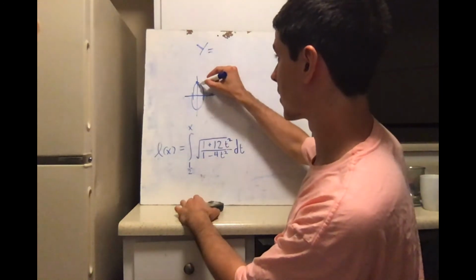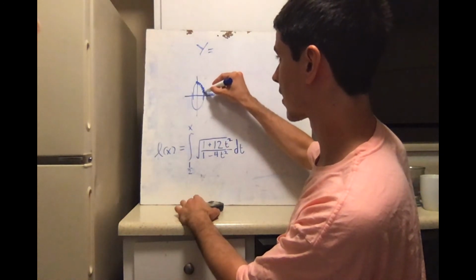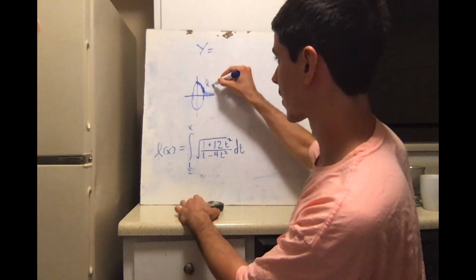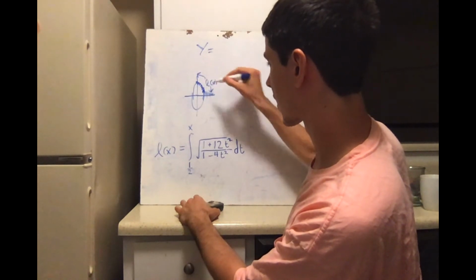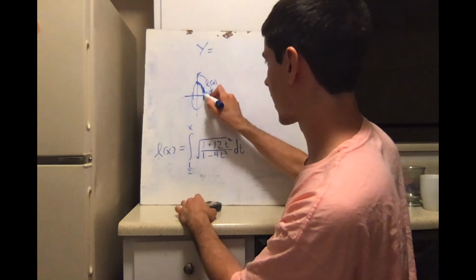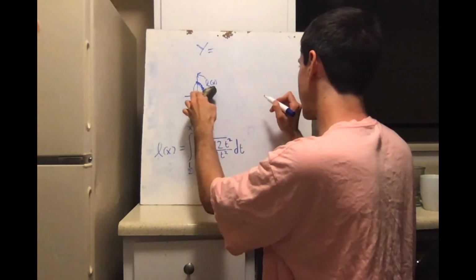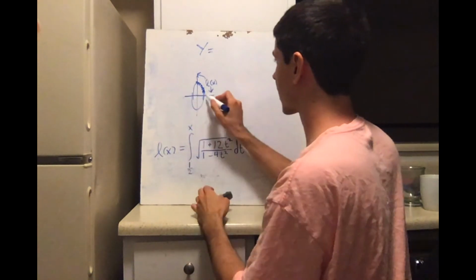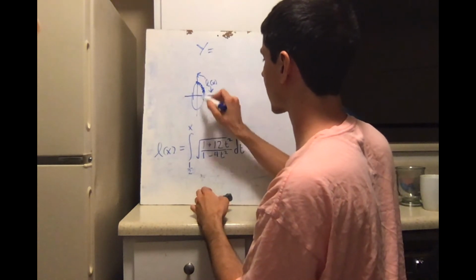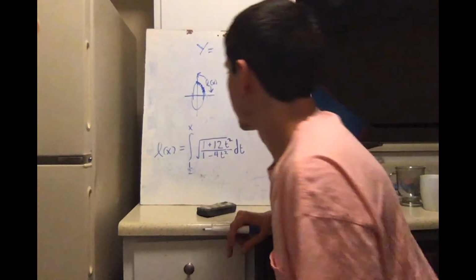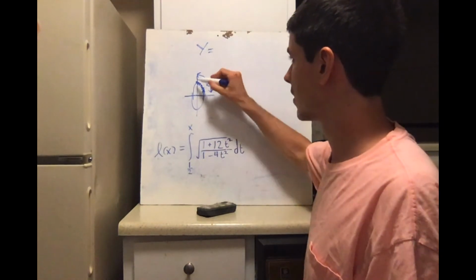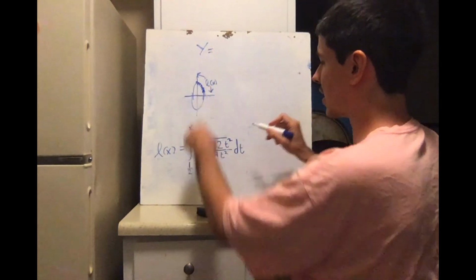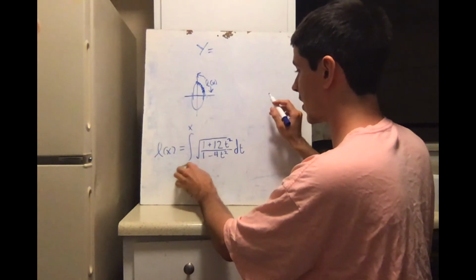So L of x is going to be this length, and that changes this bound of integration to 0.